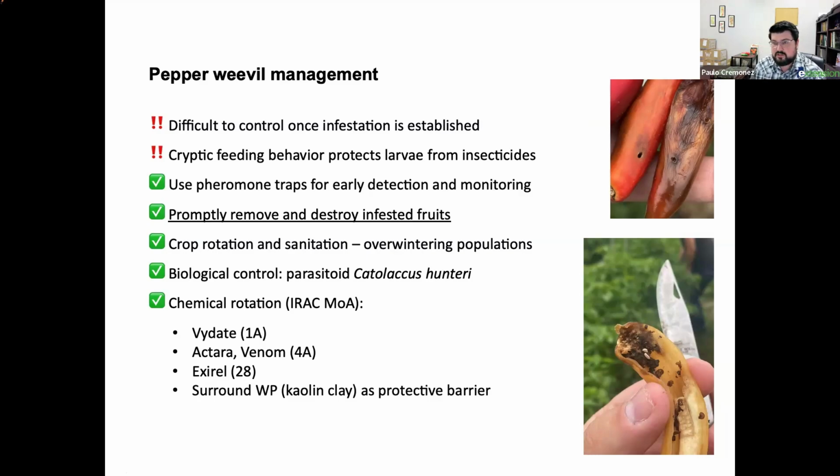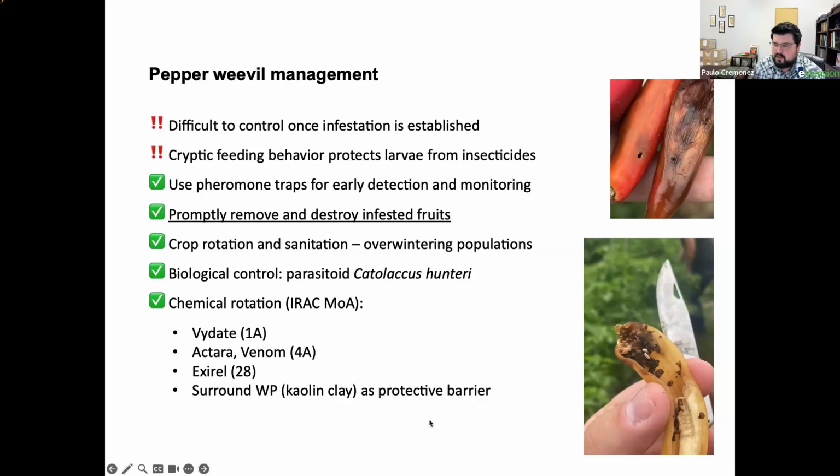Also, crop rotation is important to break that cycle, especially because the beetle will overwinter and come back in the springtime. For biological control, some parasitoids like Catolaccus may do their work, but they are not as effective.